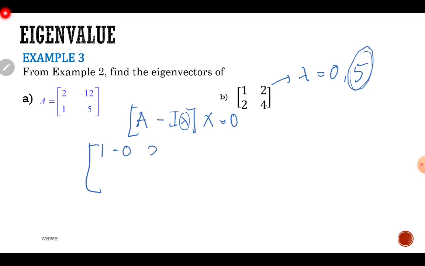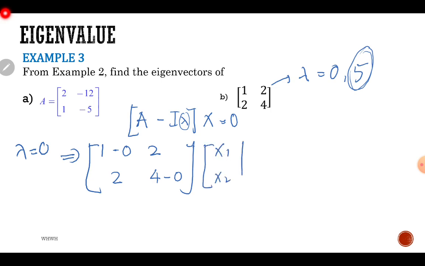Yang ni memang dah sah-sah 0. 2. 4 tolak pun 0 because lambda is equals to 0. For this case, is for lambda equals to 0. X1 and X2 is what we want to find out is equals to 0, 0.